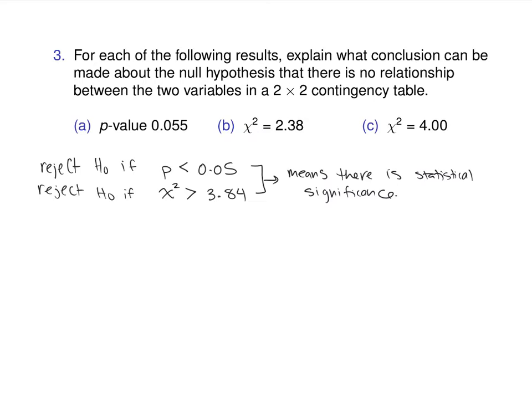Don't reject H naught, there is not statistical significance. So with p-value 0.055, can you reject H naught? No. Is that smaller than 0.05? No. So no reject H naught. It's not statistically significant.